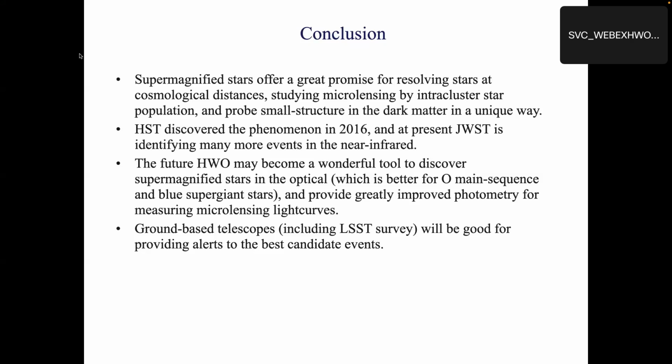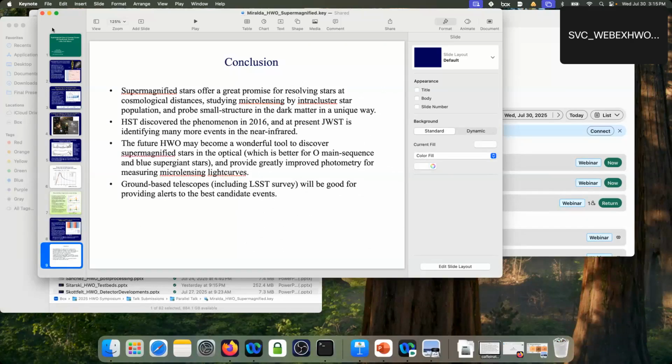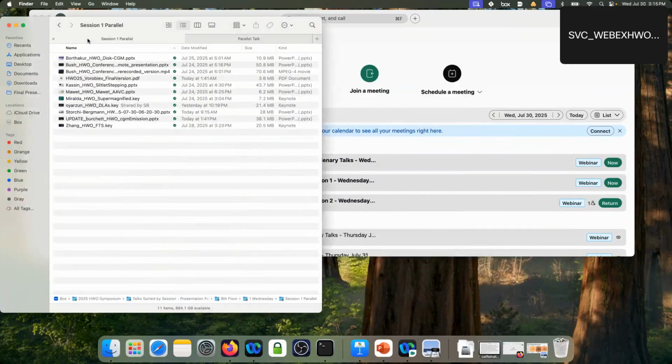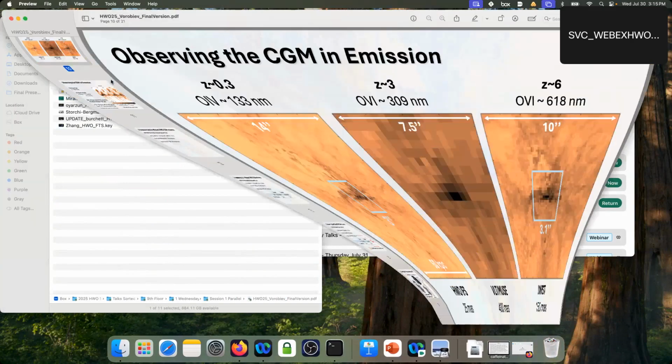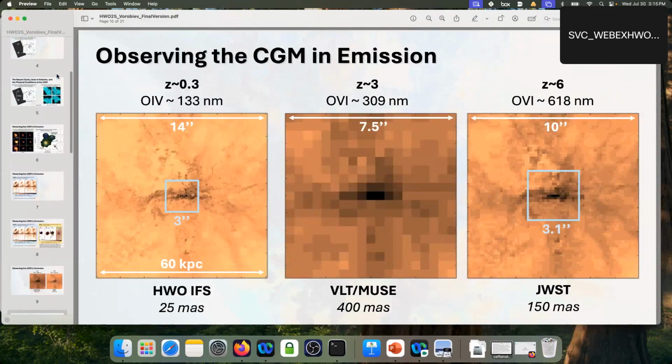Okay, let's thank Jordi again. So we go to the last talk of this session. We have Dmitry Vorobyev from University of Colorado, and he'll talk about MAGPIE, Preparatory Science Surveyor and Technology Pathfinder for Habitable Worlds Observatory.